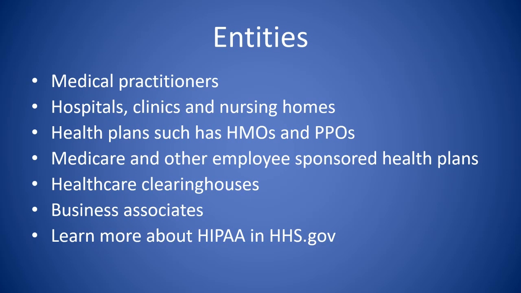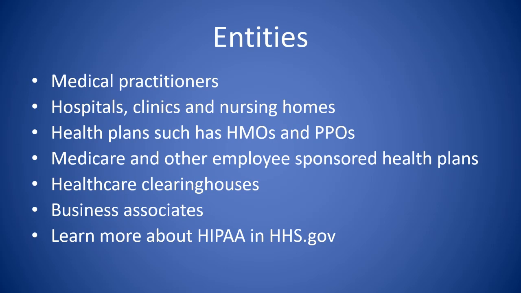Generally, the HMO, health maintenance organization, is a low cost, less flexibility plan, and PPO, which is a preferred provider organization, is a high cost, more flexibility plan. Then it applies to EPOs, Medicare and Mediclaim providers, healthcare clearinghouses, business associates. You can get more information about entities on the hhs.gov website.